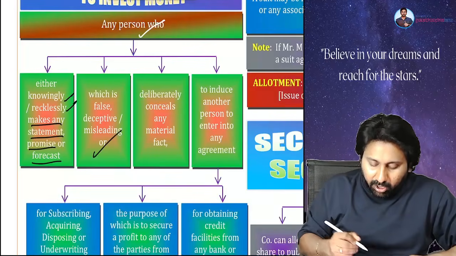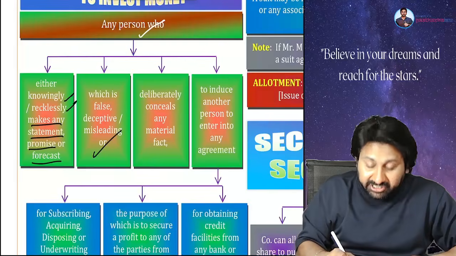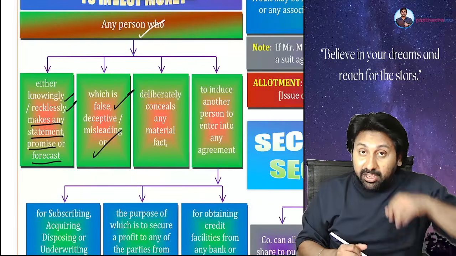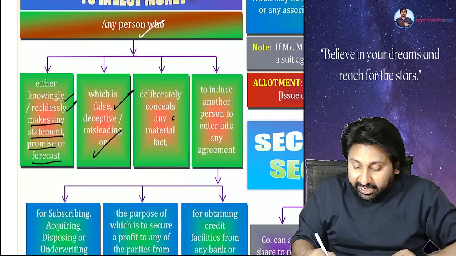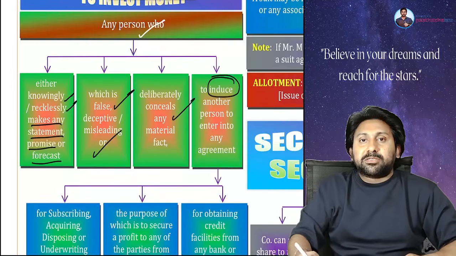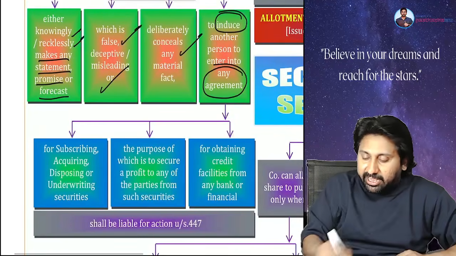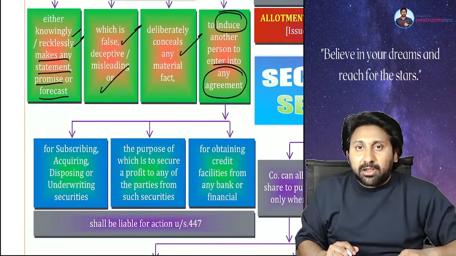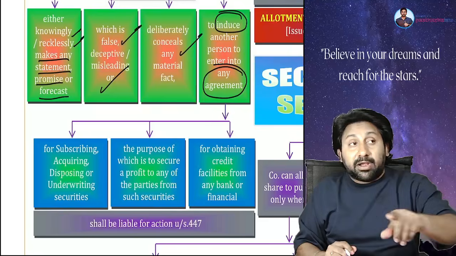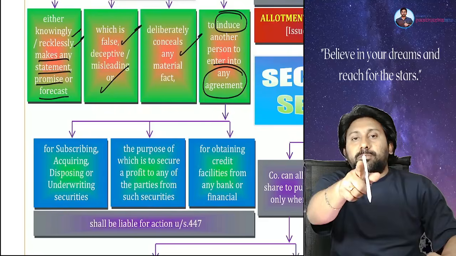Second, knowingly or recklessly making a statement that is false, or you deliberately conceal a material fact to induce another person. Induce means what? To force another person to enter into any agreement, and because of entering into that agreement, that other innocent person's life is gone, then you will also be kept in jail under section 447.